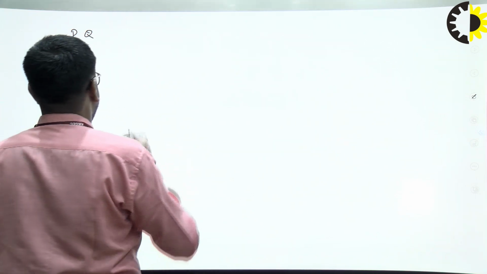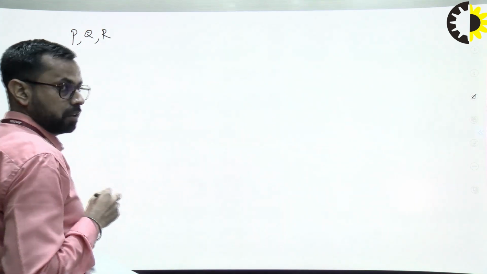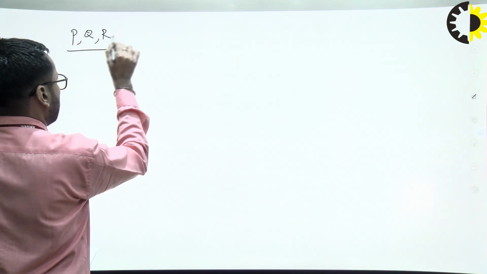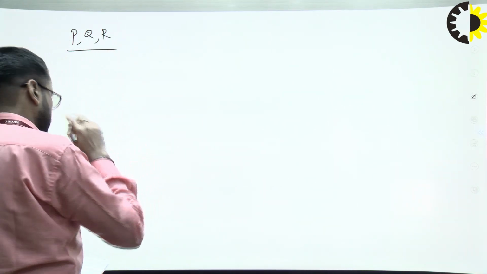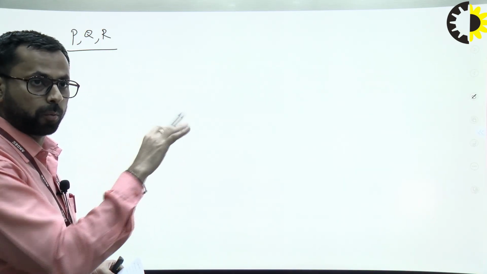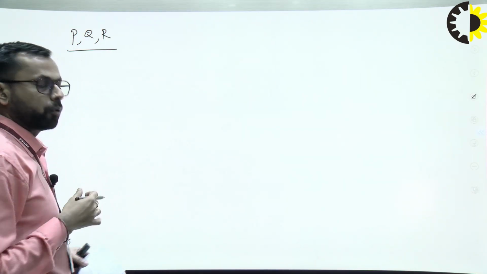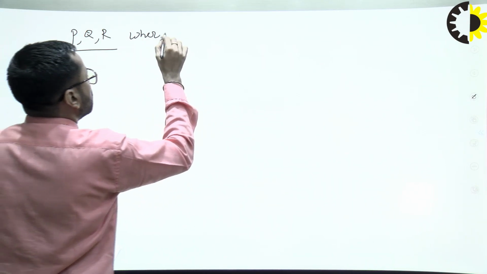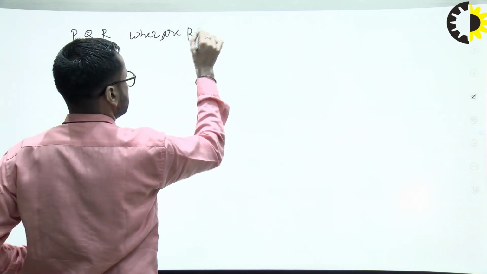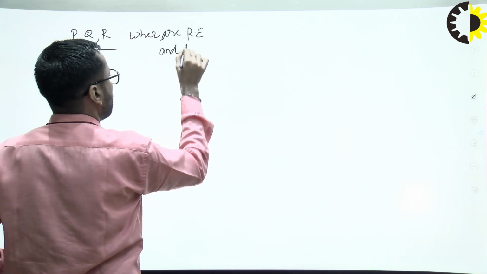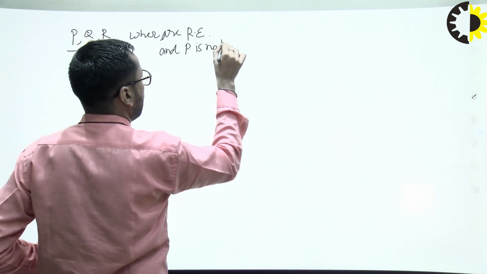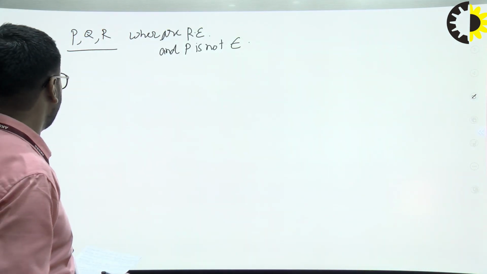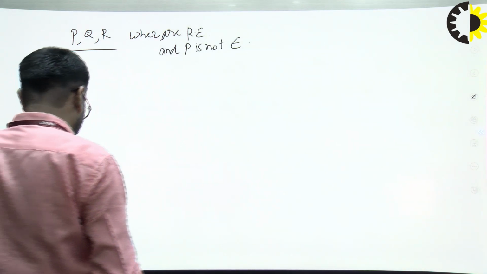P, Q and R are regular expressions that are used to express the given automata models in mathematical terms. Here P and Q are regular expressions, and P is not epsilon, that means it does not contain the null value.